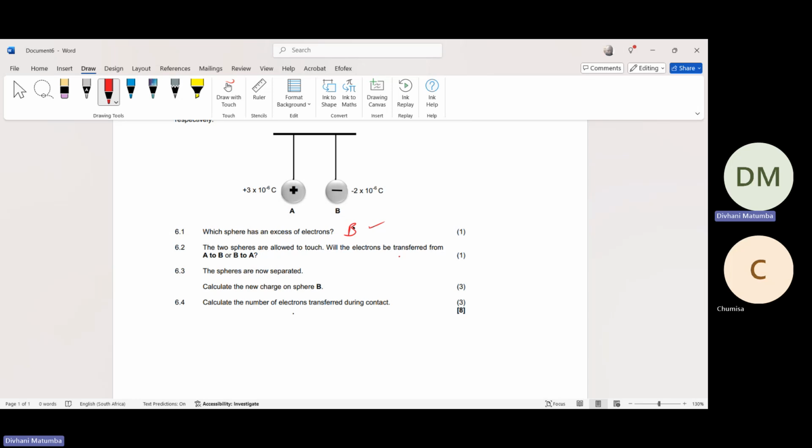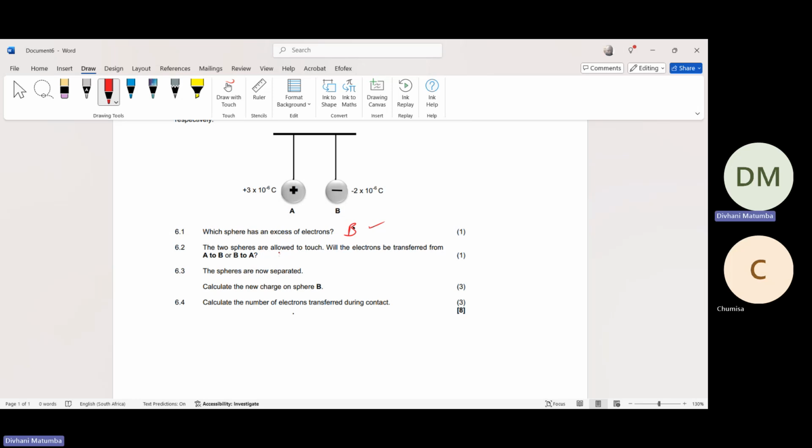Will the electrons be transferred from A to B or from B to A? I think it's A to B.